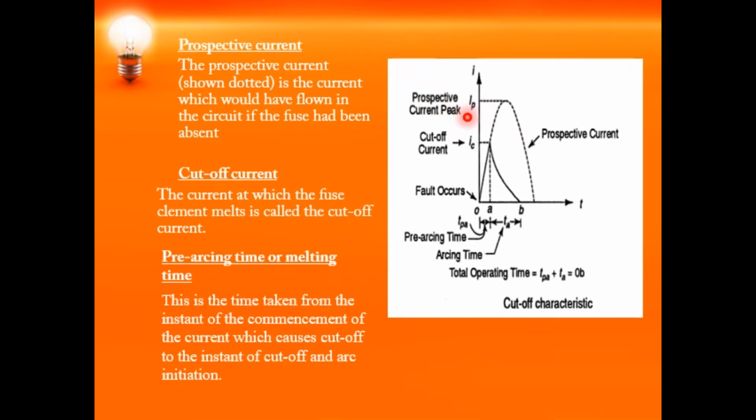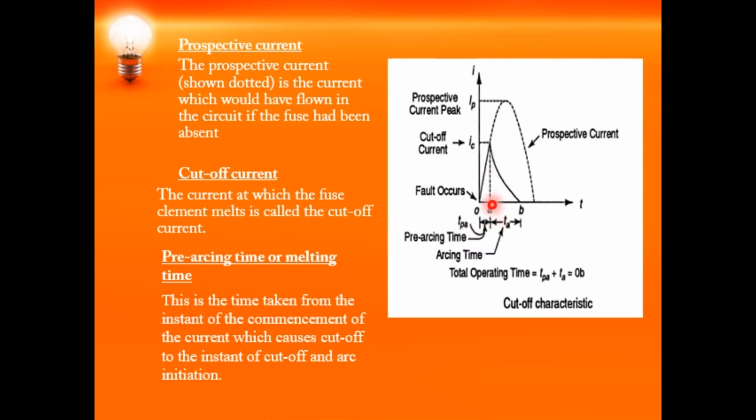Now if we come to the x-axis, x-axis is time. We have three terms: pre-arcing time, arcing time, and the total operating time. The pre-arcing time is the time between the occurrence of the fault and the instant when the fuse element has melted. When the fuse melts, an arc is initiated.